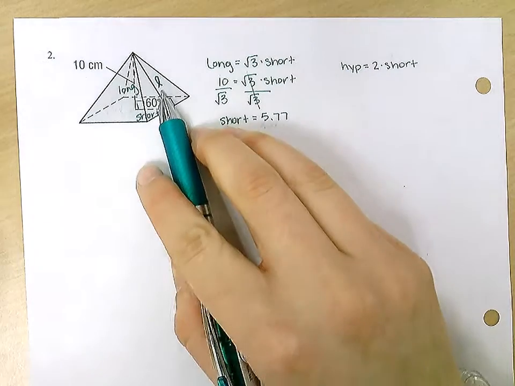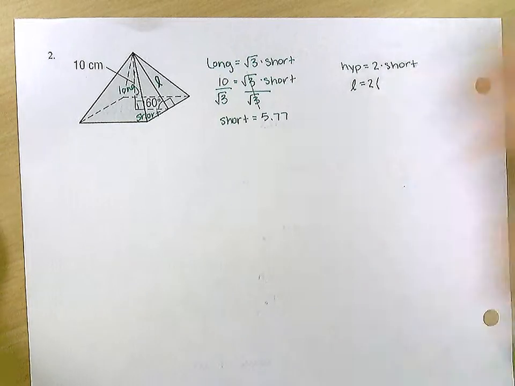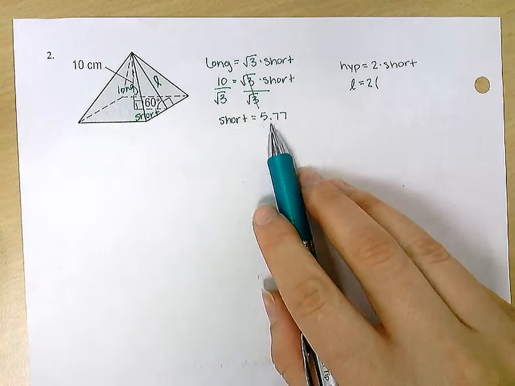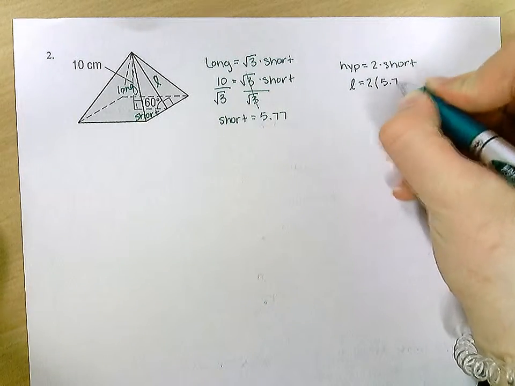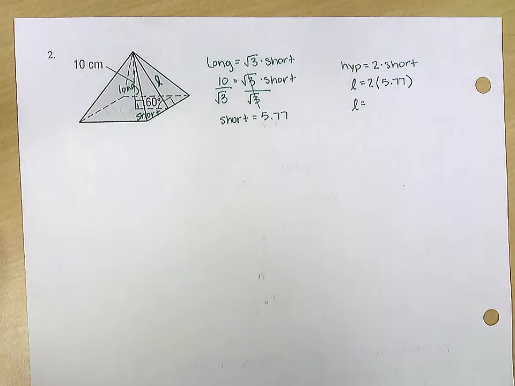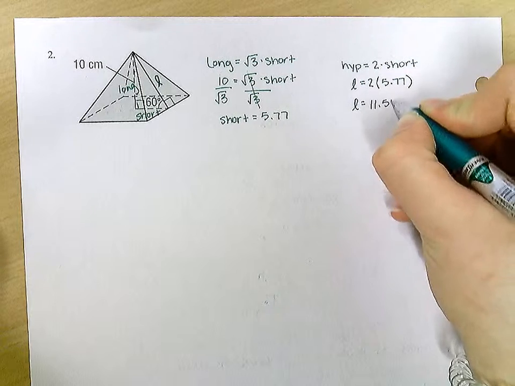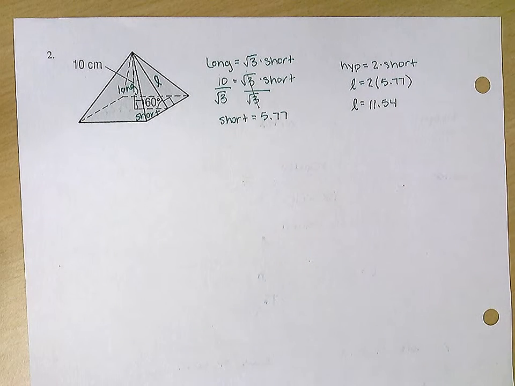Our hypotenuse I labeled as L, and I just found the short side to be 5.77. So our slant height is going to be equal to 11.54 or 11.5. That's because you rounded to 5.8.